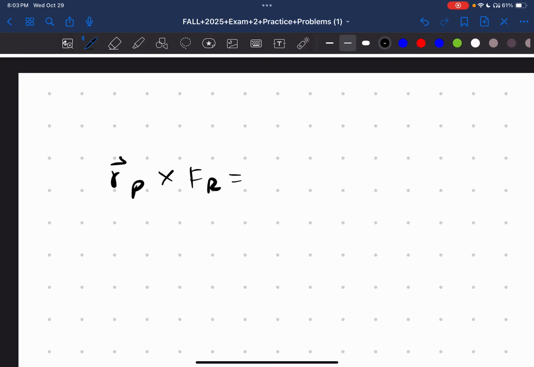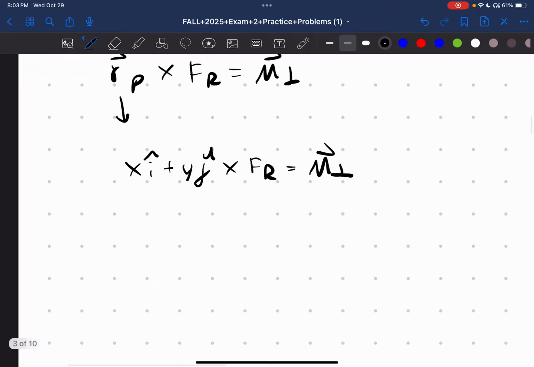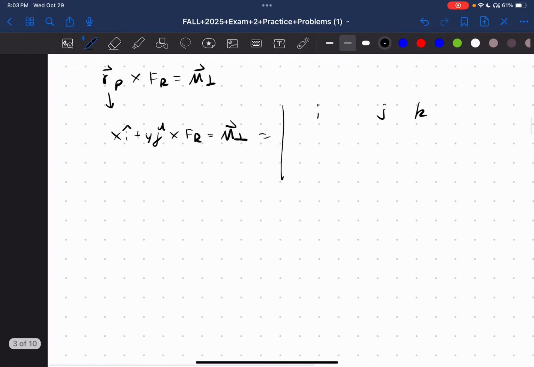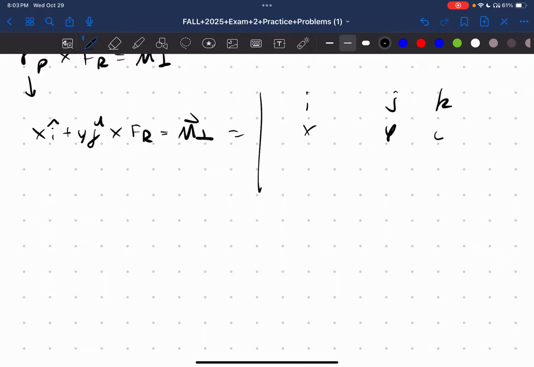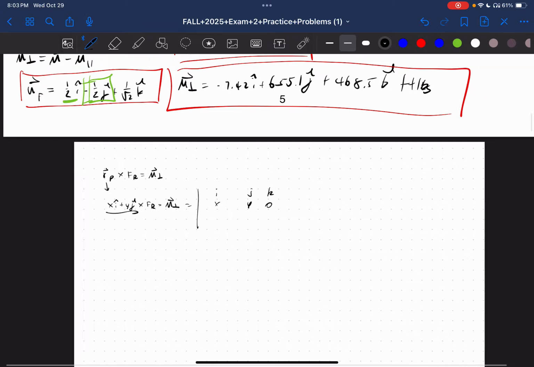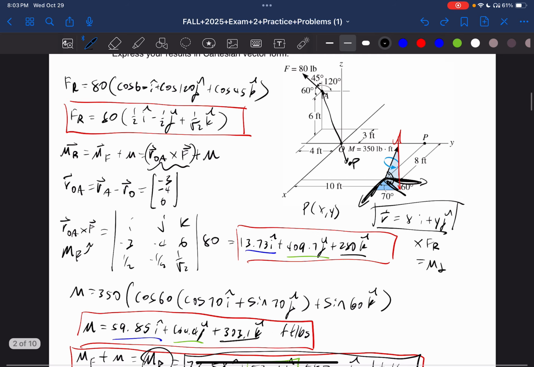This is going to be equal to the moment perpendicular. And R_P is what we wrote out earlier, X i plus Y j, cross F_R is equal to the moment perpendicular, which is going to be equal to the determinant of i, j, k, X, Y, 0, which is this right here, and F_R, the resultant force. Remember we did that all the way up here, which is just this right here.